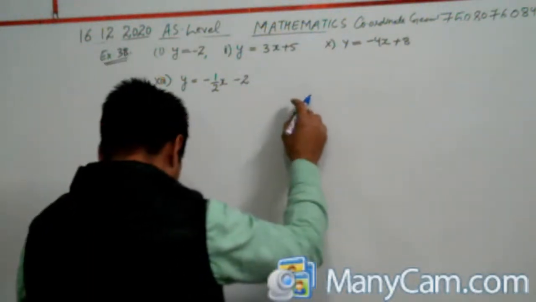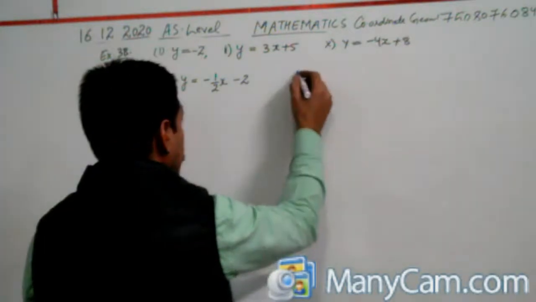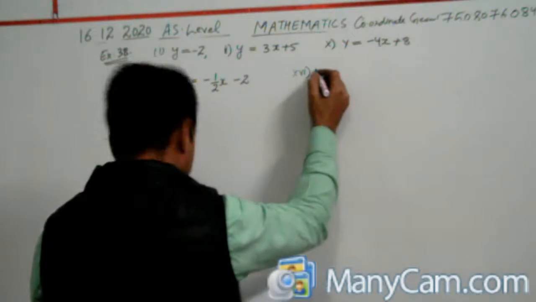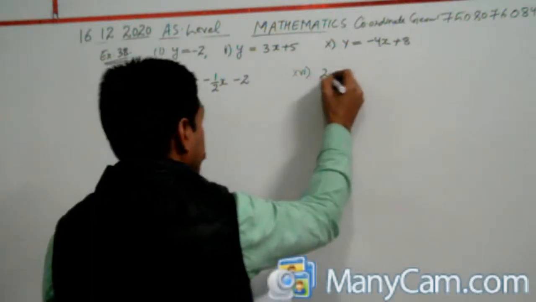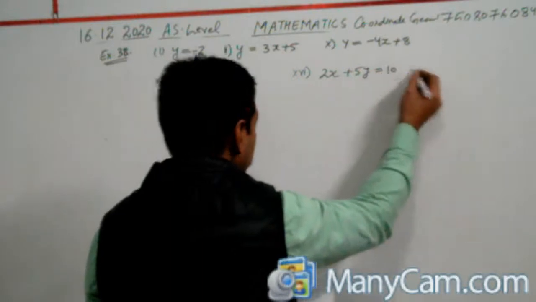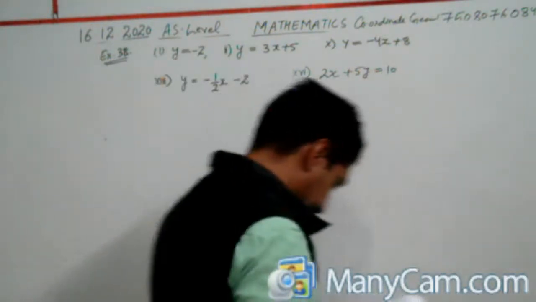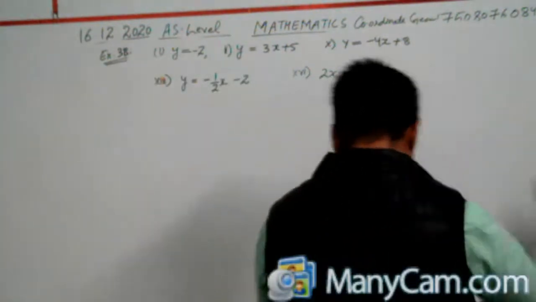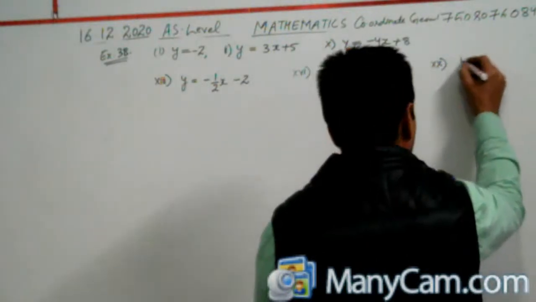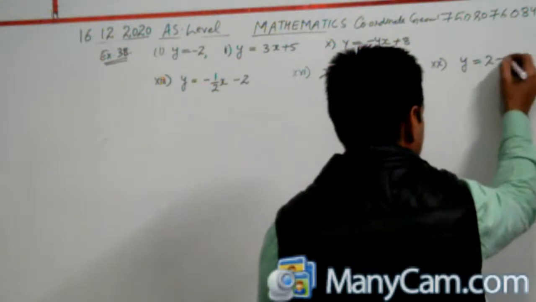Then take 16: 2x plus 5y is equal to 10. And one more, the 20th part: y is equal to 2 minus x.